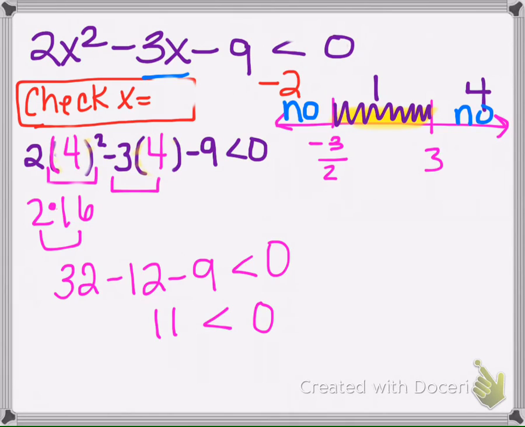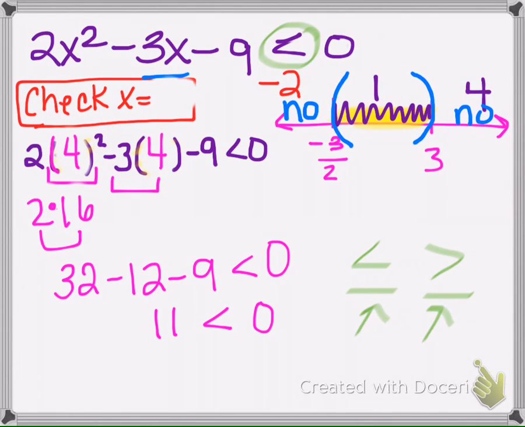Now, on our boundary numbers, we need either parentheses or brackets. If we go back to the original problem, since there's no line underneath, since this is not a greater than or equal to or less than or equal to, that is why we're going to have parentheses, because the numbers that these parentheses are on, the 3 and the negative 3/2, are not numbers that we can plug into this original problem and make the left side less than 0.